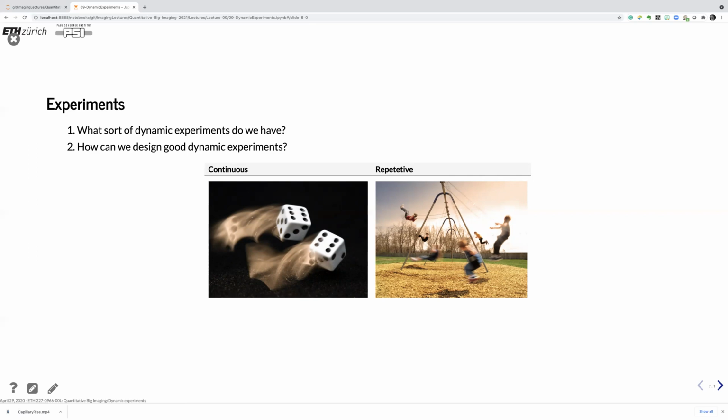The other one is repetitive. So that is something that goes cyclic. Here I have a picture of children on a swing. They go back and forth all the time. But another one would be if you study, for example, an engine which is rotating, and you can see how the pistons are going up and down. That's also a repetitive movement, and a very fast one.